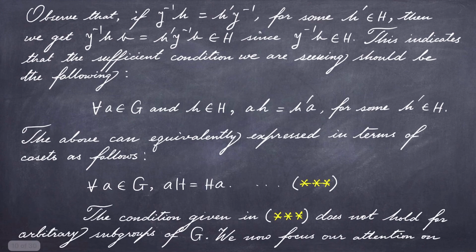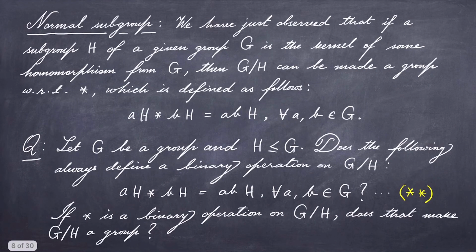Okay. So we see that in generality we cannot expect that the answer to the first question is going to be affirmative. So what we will be doing now is we will try to find a sufficient condition, leading us to a class of subgroups for which this becomes well defined, and consequently we can make this into a group.